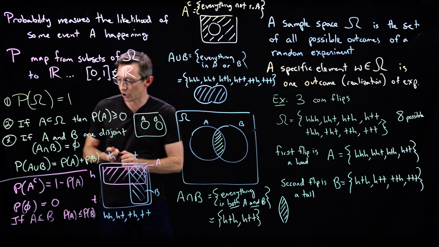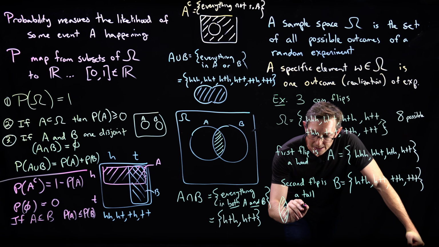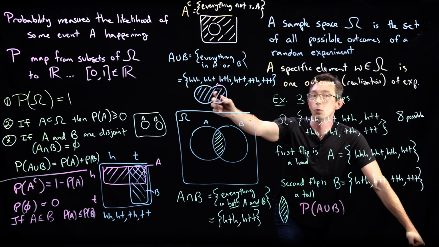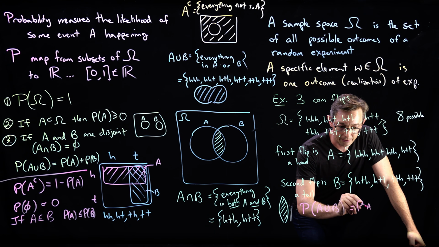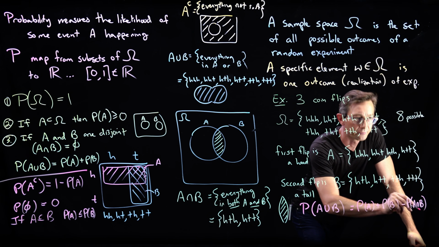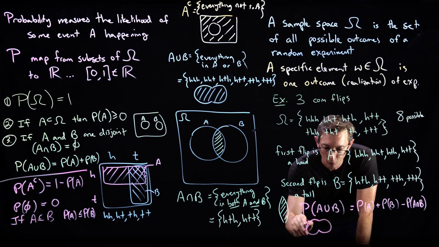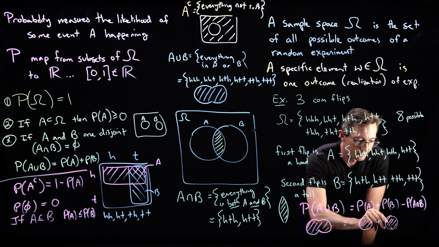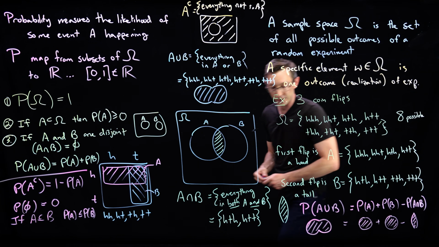I'm just going to do it over here so I don't get into too much of a space issue, is that the probability of A or B is equal to the probability of A plus the probability of B minus the probability of A and B. And again, you can think of this pictorially almost as the area of A or B equals the area of A plus the area of B minus the area of the intersection of A and B, because this piece gets double counted if I just add those up.